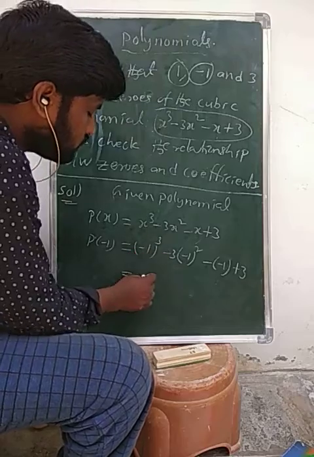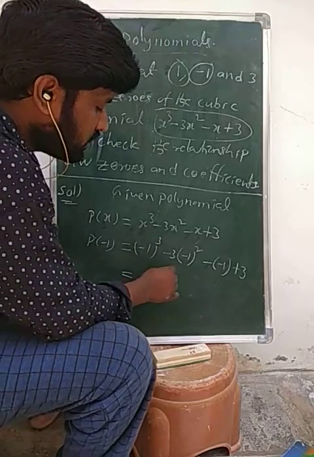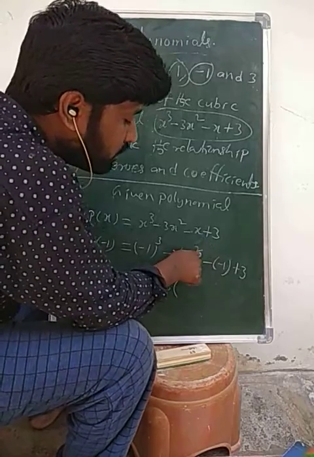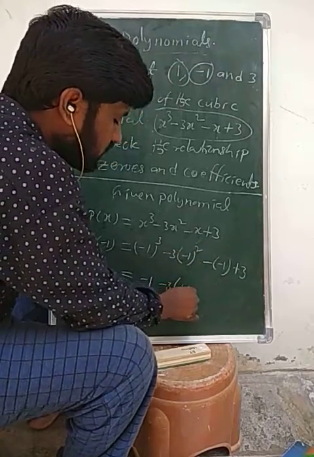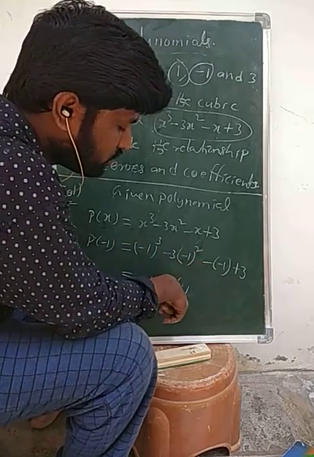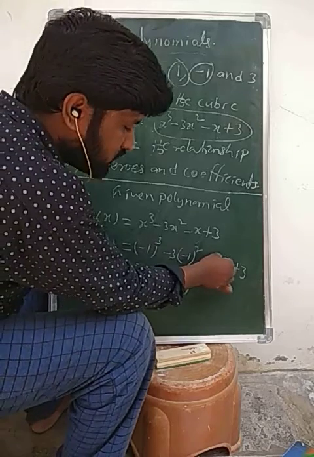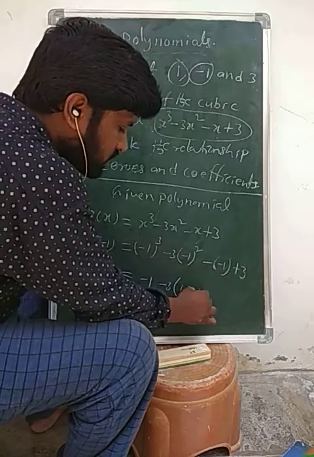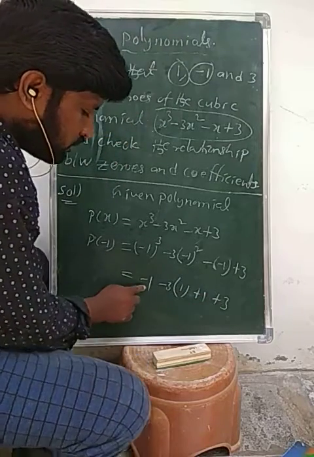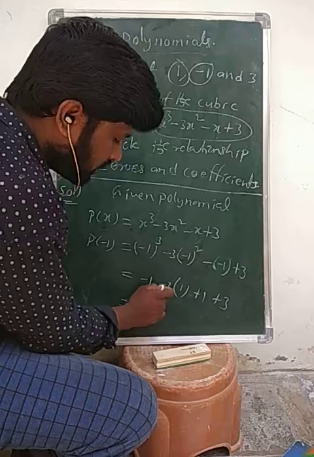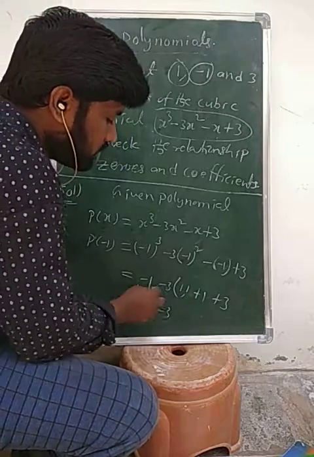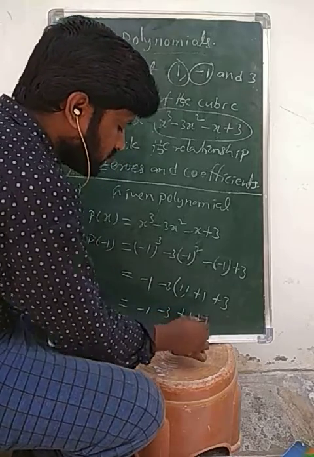Minus 1 cube: minus 1 is a negative number but the power is odd, so minus 1 cube is minus 1. Minus 3 of minus 1 square: here the power is even, that's why we get 1. Here power odd means we get negative only, but power even means we get positive. Minus of minus is plus 3. Here minus 1 minus 3 into 1, minus 3 of 1 that is minus 3, plus 1 plus 3.